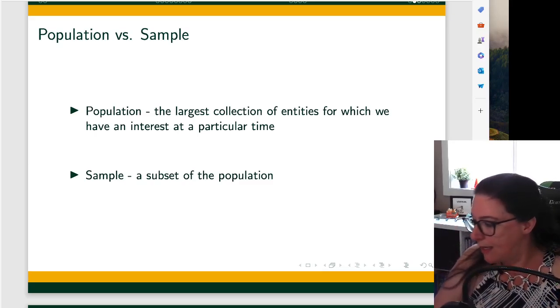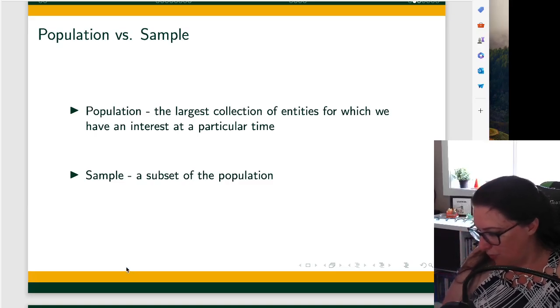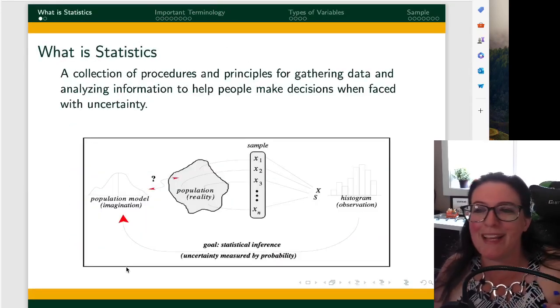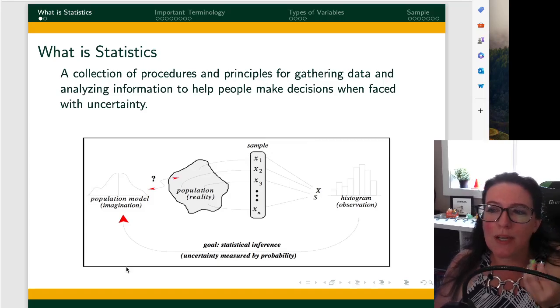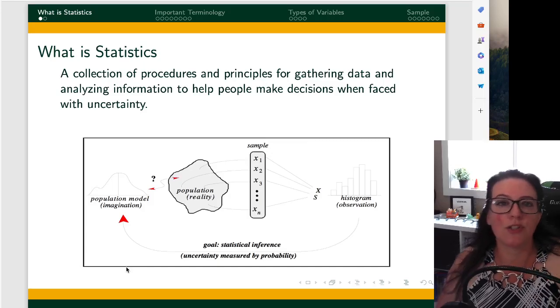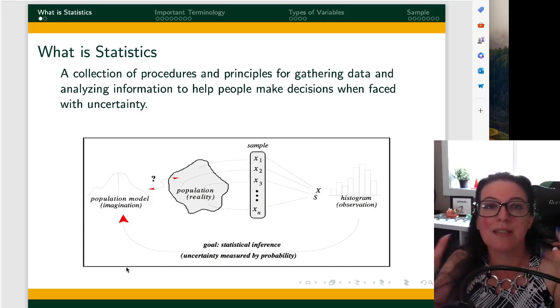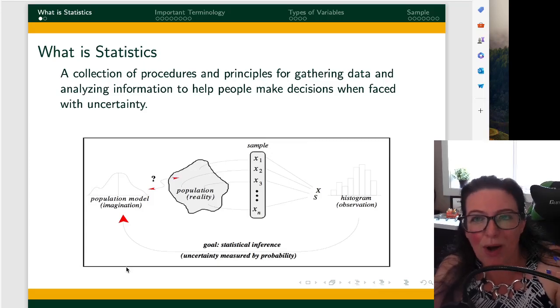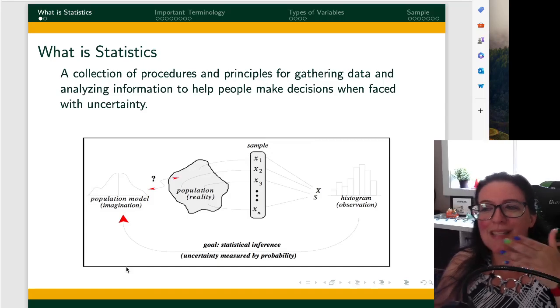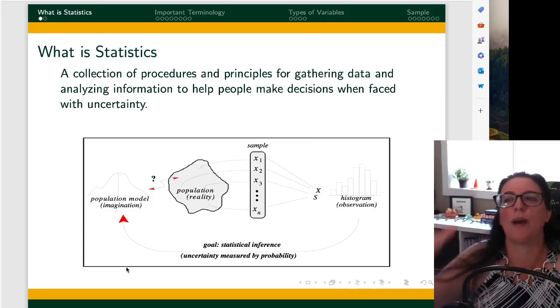And the reason is, if we go back to our little image from the very beginning, that we are pulling information from that sample so that we can understand the greater population. So if our sample isn't anything like the population, then we're wasting our time and money to do this, because it's not going to tell us anything about the greater group.